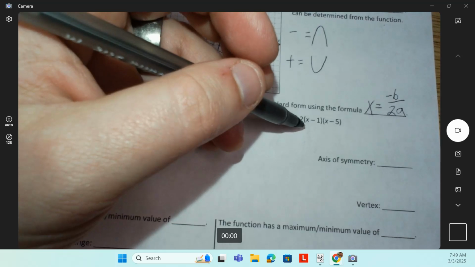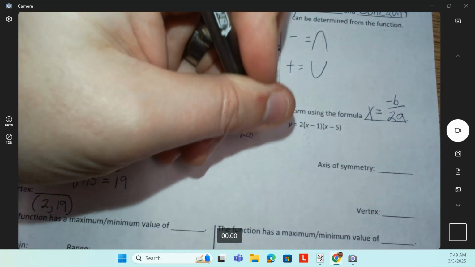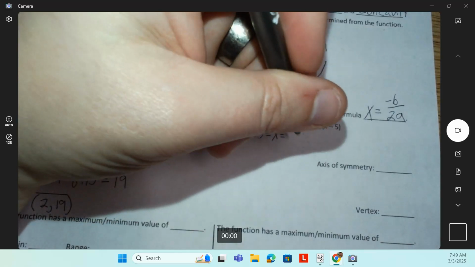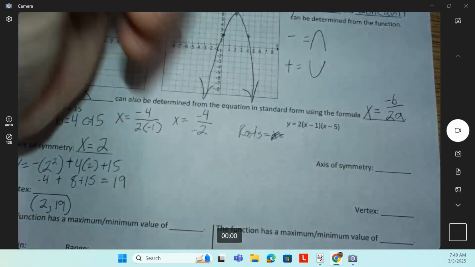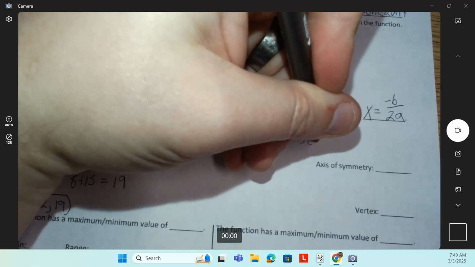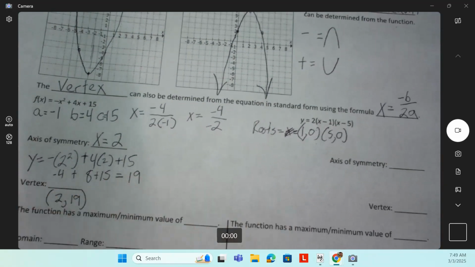And so if you have this formula, you could just say the roots are 1, 0, 5, 0, but that's a lesson for another day. We're going to change that so that we can get the vertex and everything else.